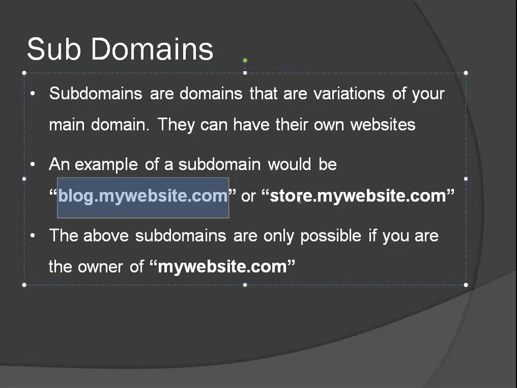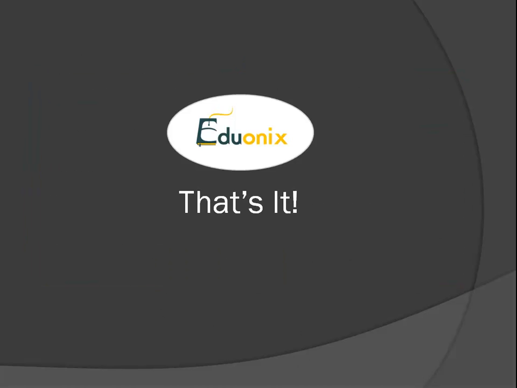Or if you have an e-commerce shop for your site, you could have store.mywebsite.com. Alright, so these domains are only possible if you own mywebsite.com. Okay, so that's really it.